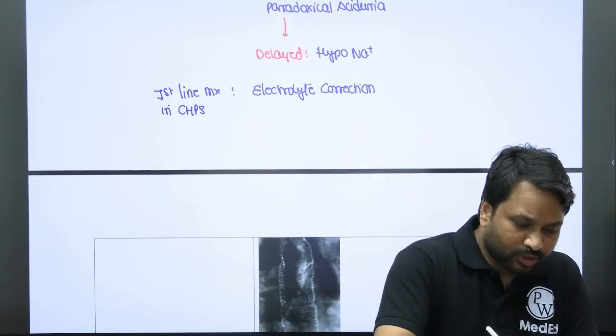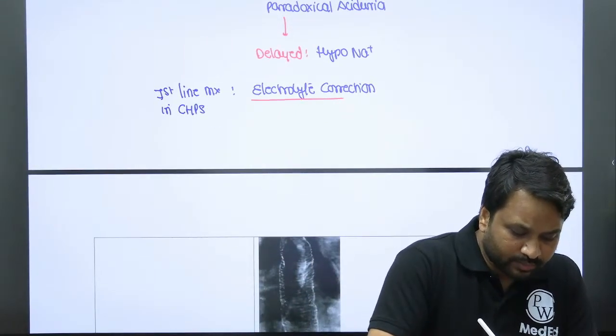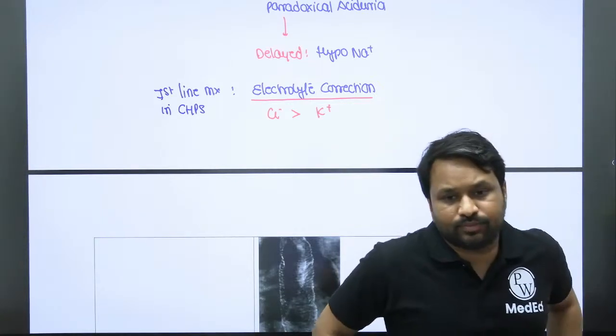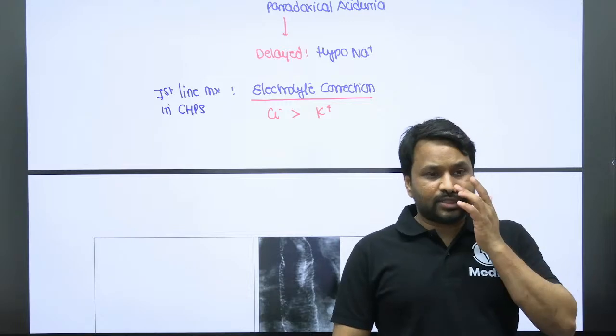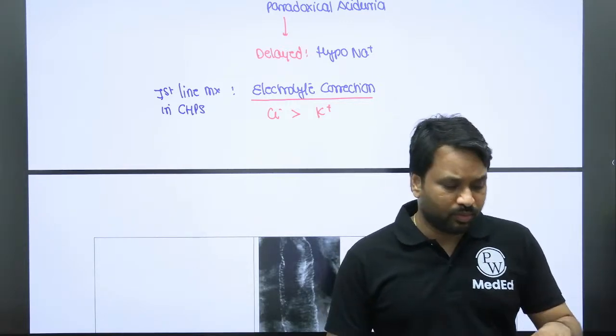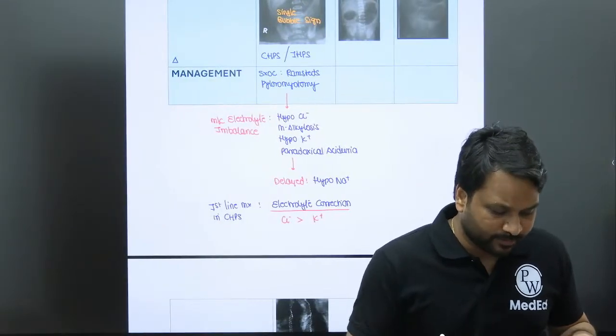And the most important electrolyte to be corrected is chloride. So chloride correction is more important when compared to potassium, right? That is what you have to remember with respect to your CHPS, right?